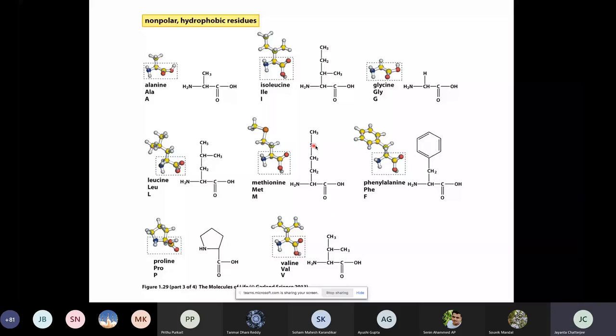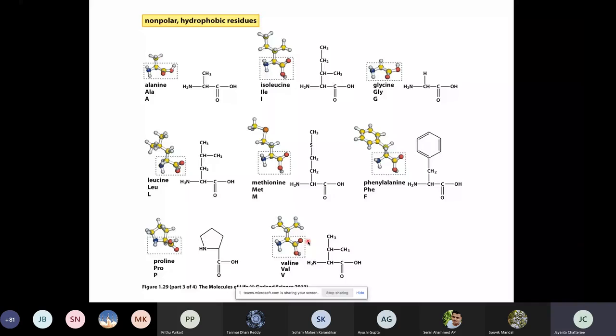Likewise, you can have aromatic residues in the side chain, for example phenylalanine. The name clearly suggests that there is a phenyl group, right? Now, there is another amino acid which is very special, just like glycine, and which is also very hydrophobic. That amino acid is called proline.